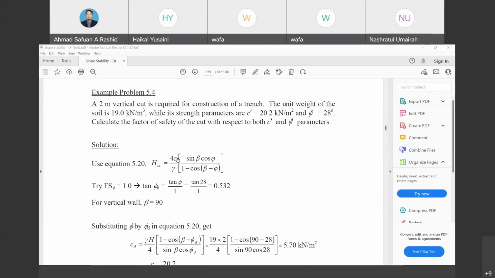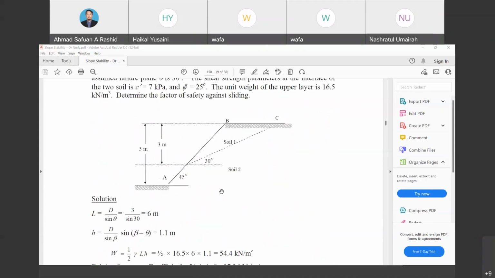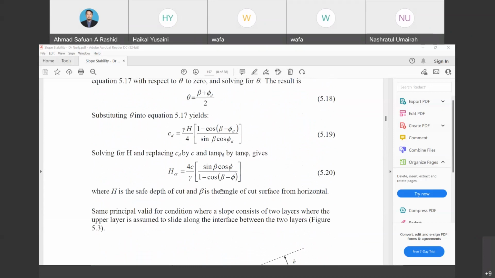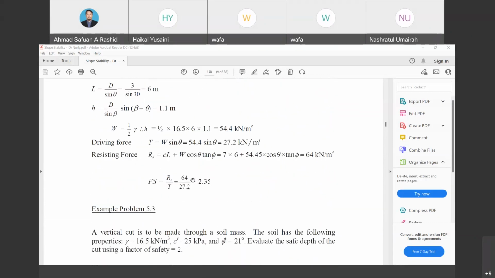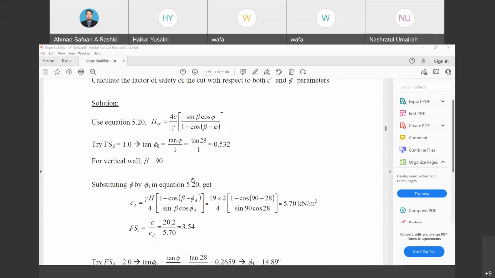We should use the equation from 5.19, which is the CD. So we need to calculate the CD by using the FSphi and also FSC.